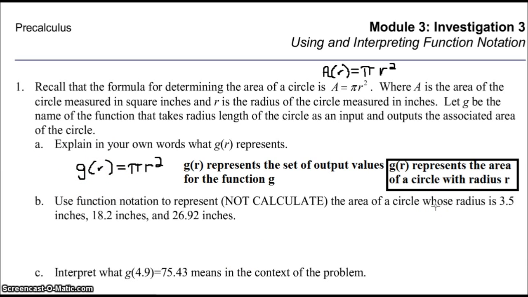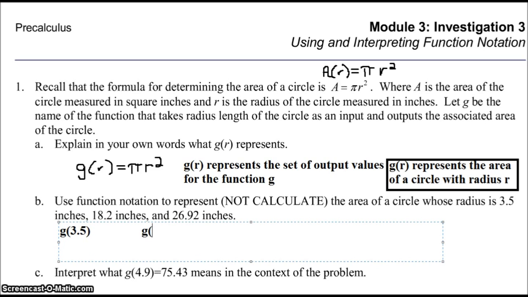Next question says, use function notation to represent, not calculate, the area of a circle whose radius is 3.5 inches, 8.2 inches, and 26.92 inches. This one's pretty simple. For the area of a circle whose radius is 3.5 inches, we represent that with g of 3.5.